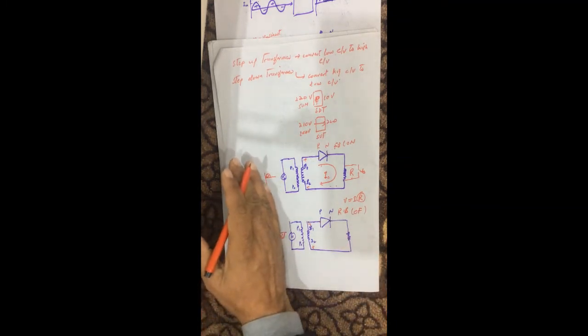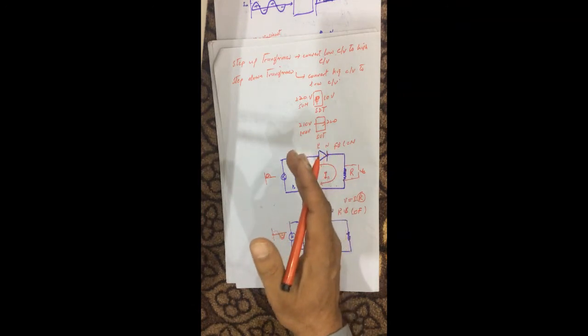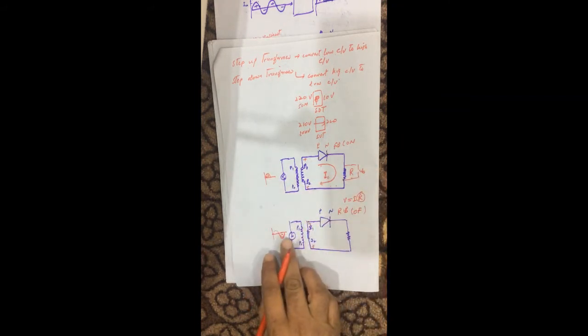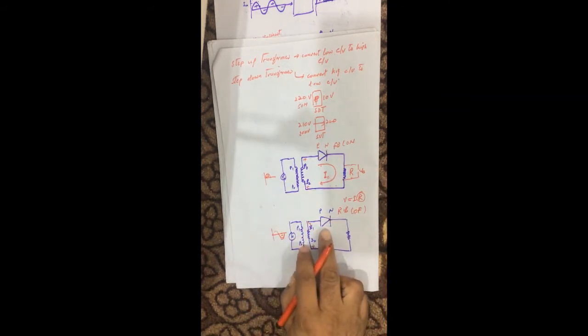So the positive half cycle crosses the diode and we have the positive cycle on the output, while the negative half cycle is blocked by this diode, so there is no output.